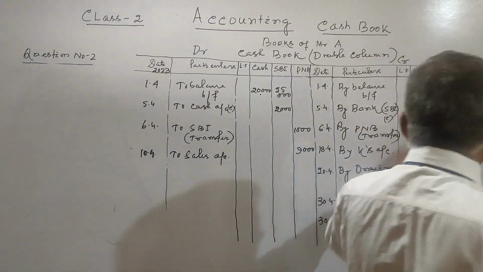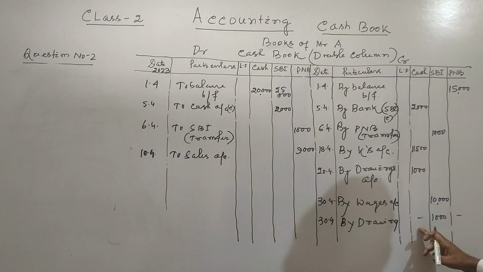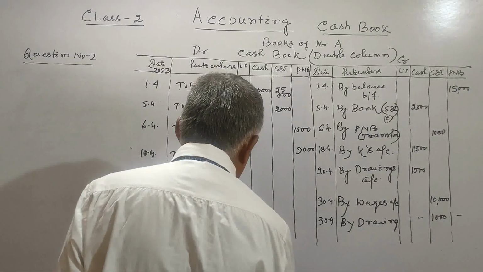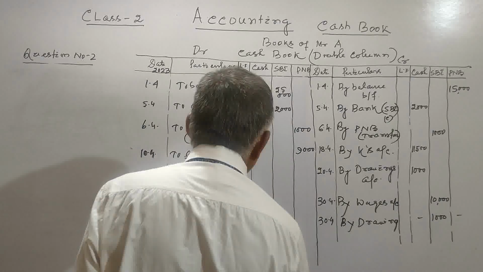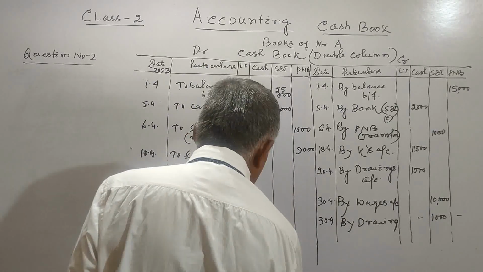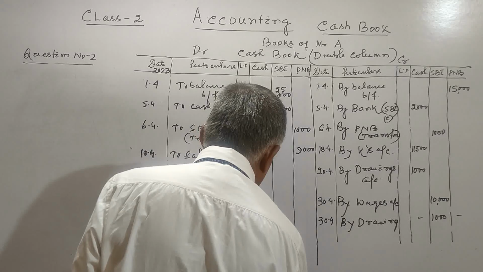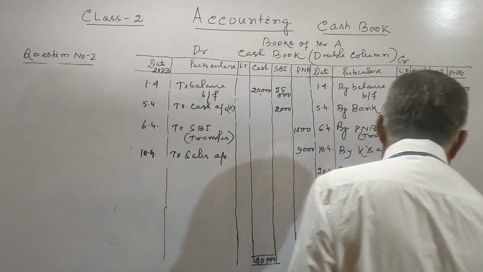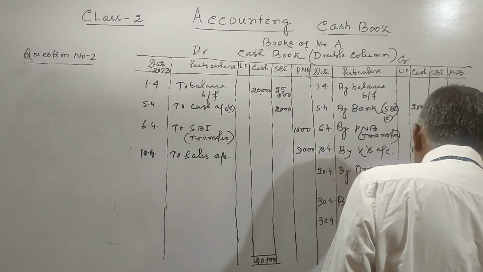If you see the credit, it is 14,500. Right? So debit side is higher. So you go to the last. Here the higher side we are writing 20,000. Here also we will write the higher side 20,000.